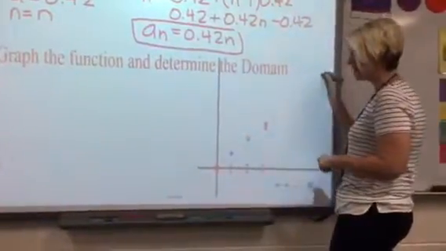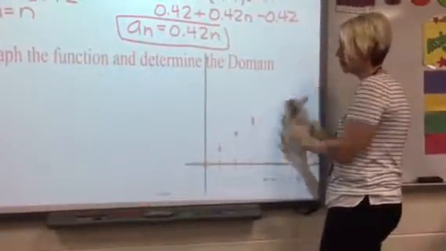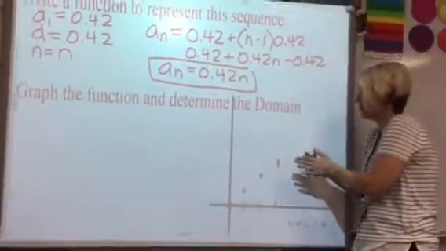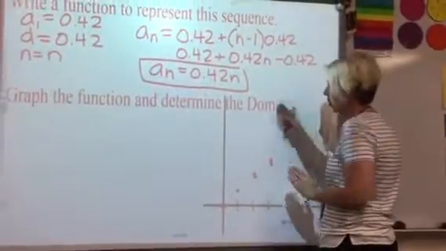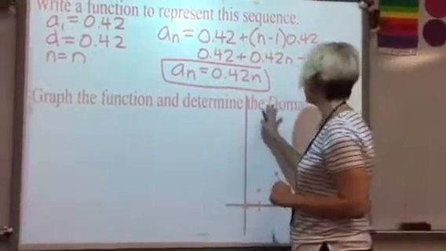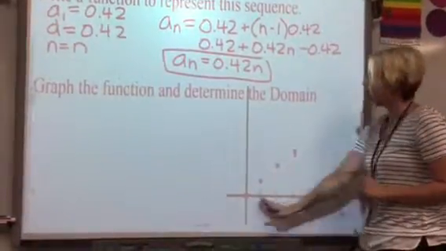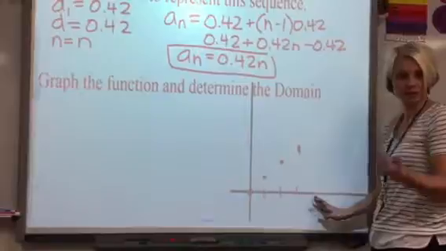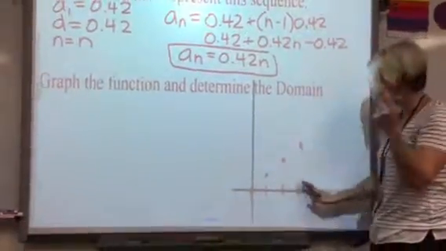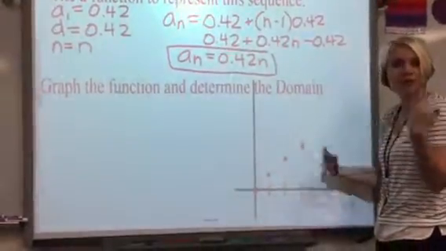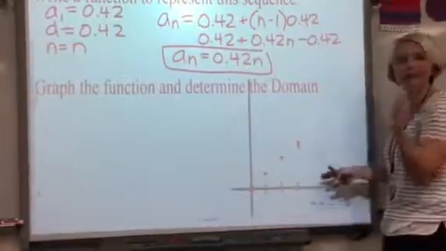And you don't have to connect it, but we could, but we don't have to. We just needed to graph what we have so far. What is the domain? Well, the domain right here, your x values, are the number of postage that you're buying. So one letter, 2 letters, 3 letters would be that amount of postage. So you'll have one real world problem to try in your notes.